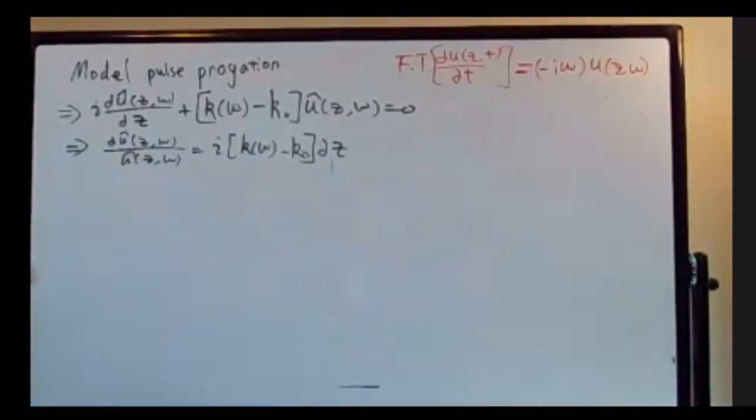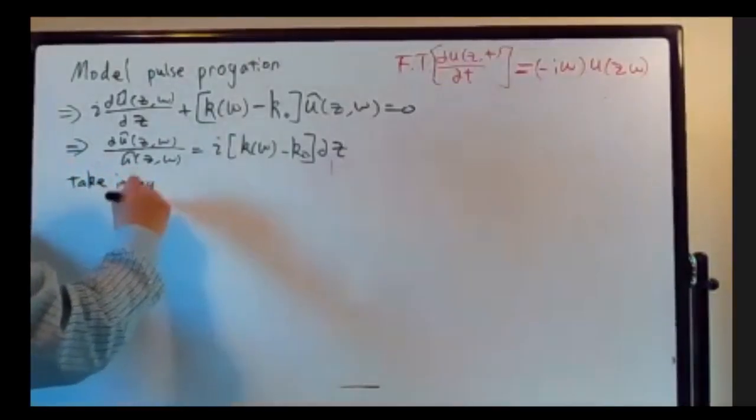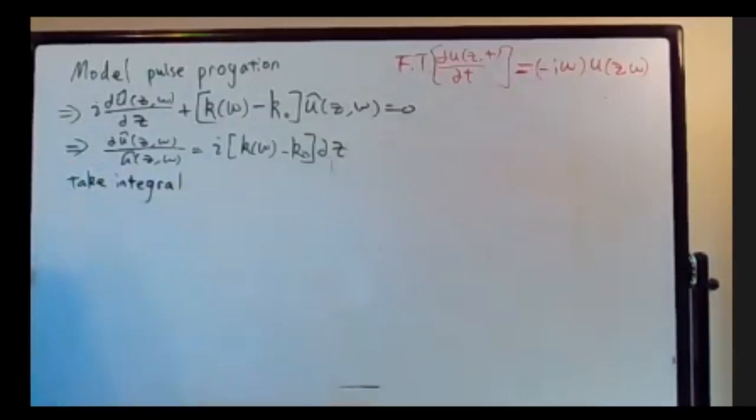Okay, so now we are in better shape, right? Then let's take the integral. So it's the partial u over u. Anyone can remind us what kind of function would be for the integral? Would it be a natural log?